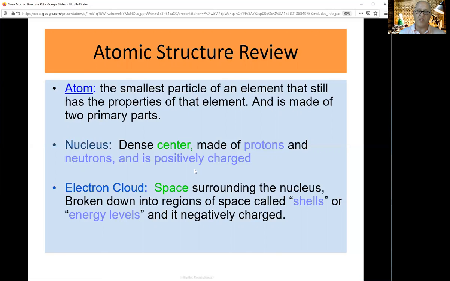And then you have the electron cloud, which is the space surrounding the nucleus, broken down into regions of space called shells or energy levels, and it's negatively charged. And so we work today with the atom and the atomic structure and the atomic theory that we subscribe to, that we know today is the most used, is the electron cloud model.